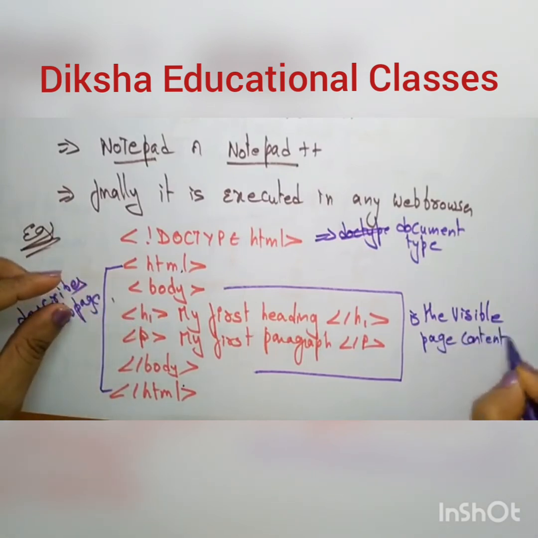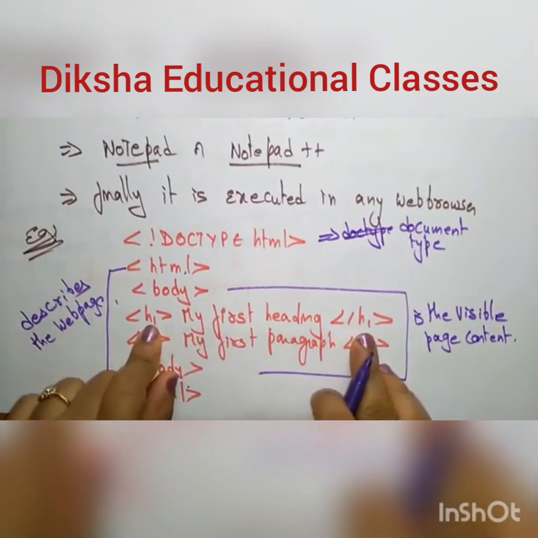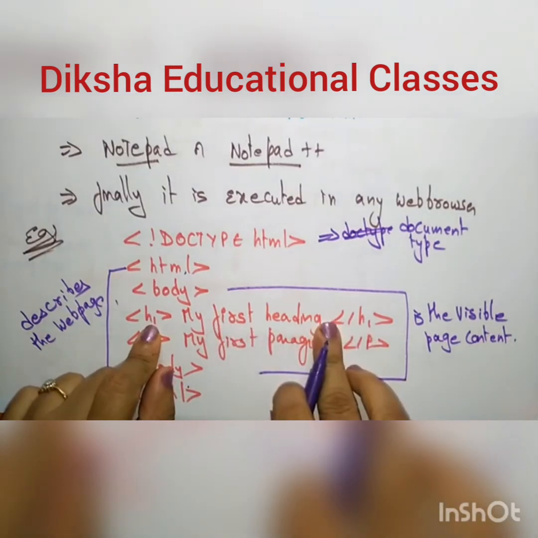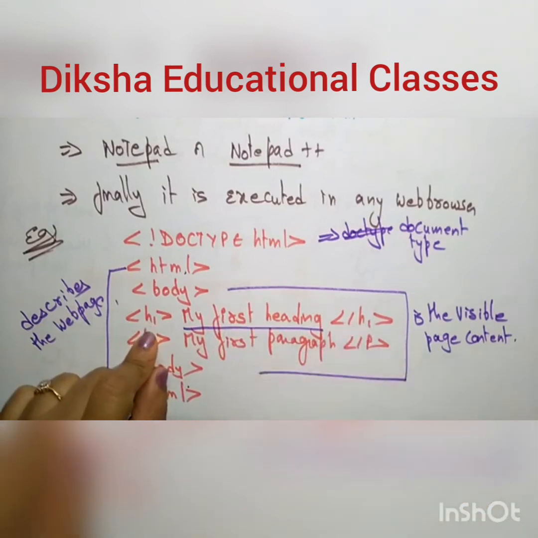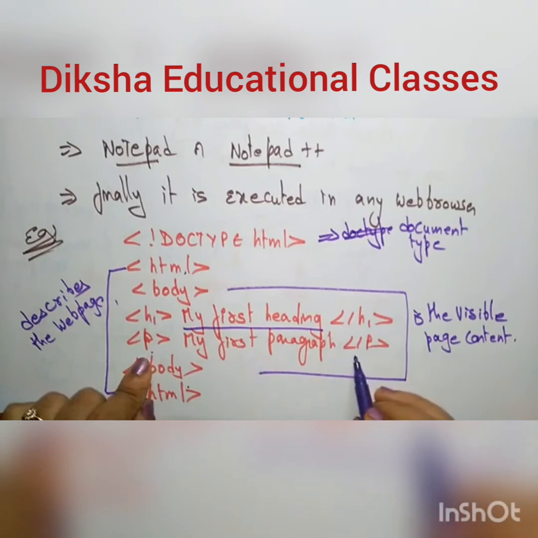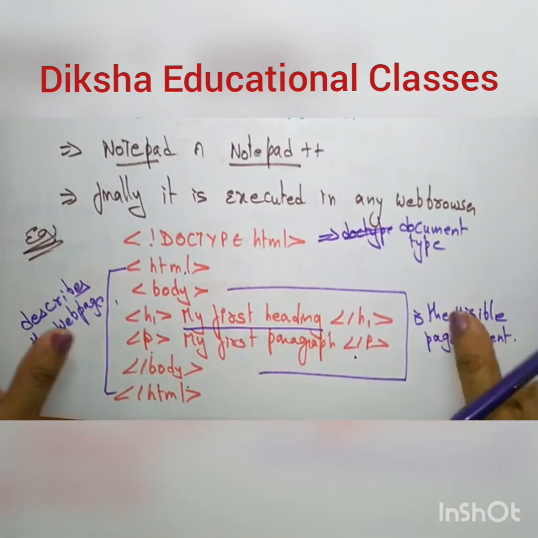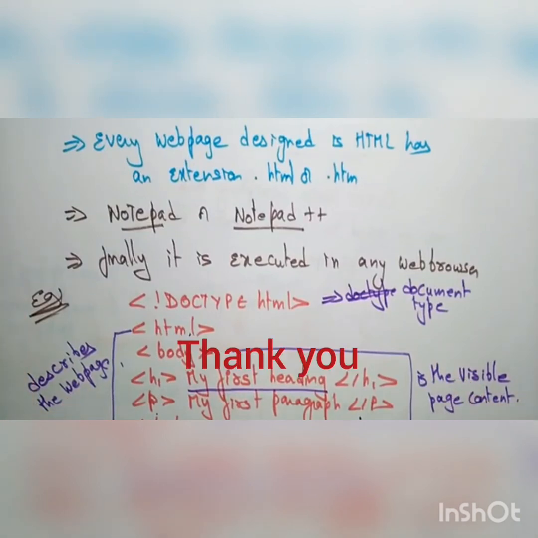And what about this H1? This is the starting tag and ending tag. The text between the H1 tags is displayed as a heading. The headings go from H1 to H6. And this P tag represents the paragraph. The text between it displays a paragraph. Okay, so this is just an introduction to the hypertext markup language. Thank you.